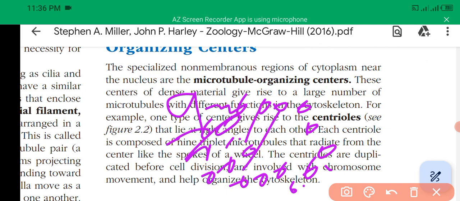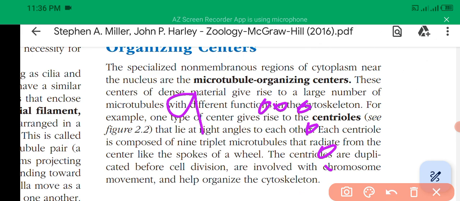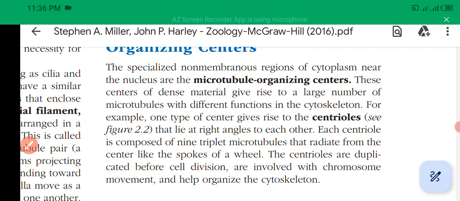In this way they are composed of these triplets of microtubules 9 times, and they perform various functions like formation of spindle fibers during cell divisions like mitosis and meiosis. Centrioles replicate at the time of cell division, and they move opposite to each other.